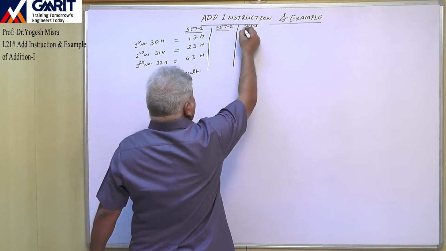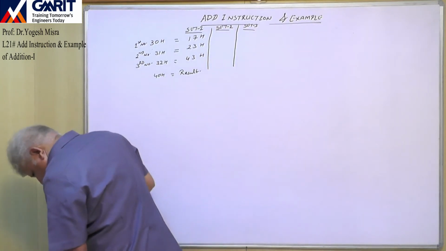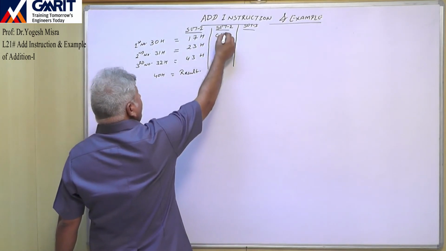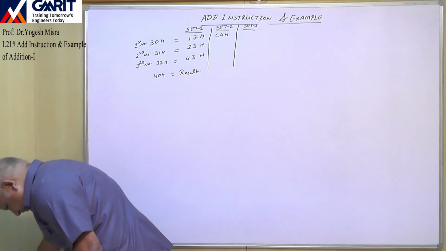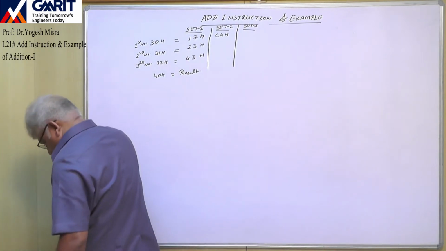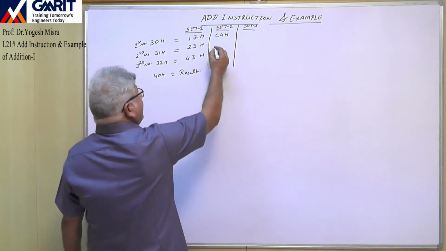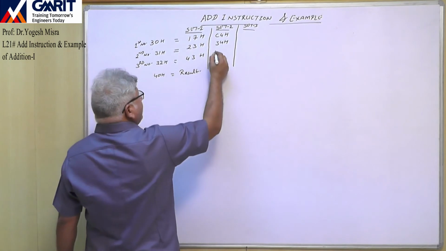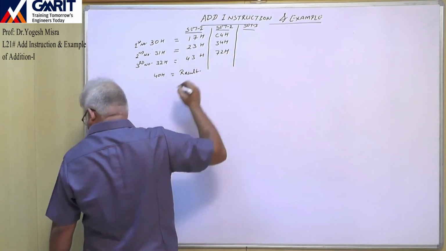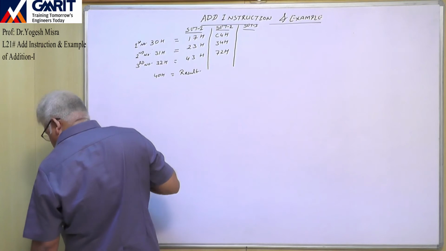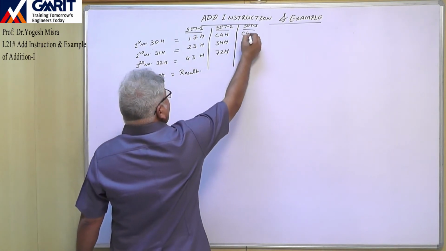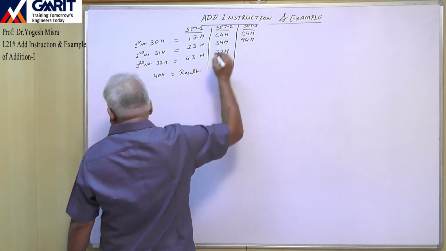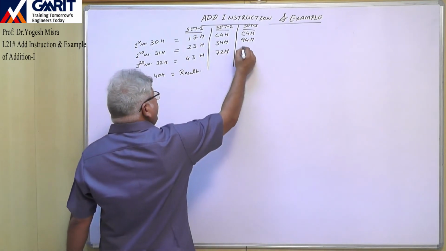There will be 3 data sets. In the second data set the first number is C4H, the second number is 34H, and the third number is 72H. In the third set the first number is C4H, the second number is 94H, and the third number is B2H.